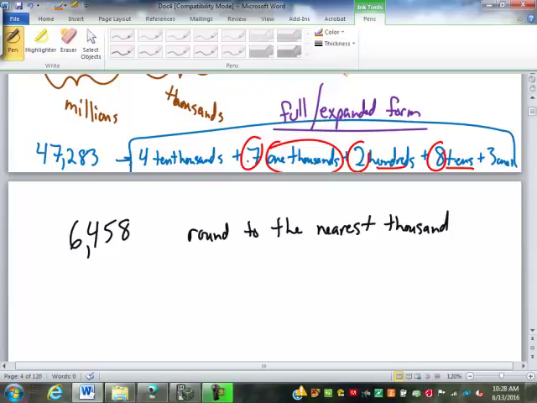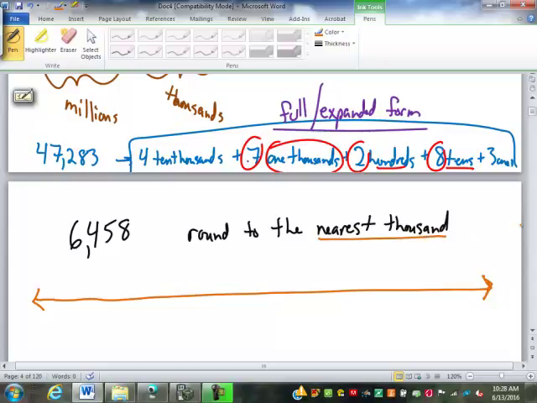What's it really mean? Well, a lot of things in math come back to a structure called a number line. And when we're asked to round, it is asking us to look at a number line. And if it's to the nearest thousand, it's saying, okay, let's assume that number line is only labeled to the nearest thousand.